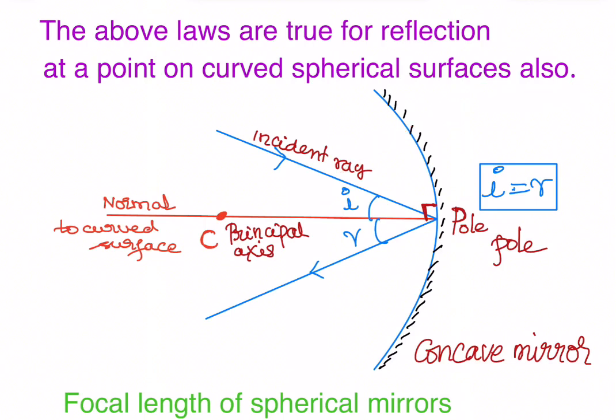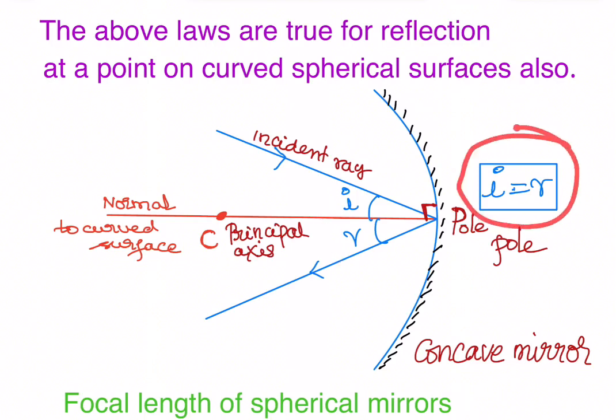What is the angle of incidence? The angle of incidence is the angle made by the incident ray with the principal axis or the normal drawn to the surface at the point of incidence. And what is the angle of reflection? It is written as R, the angle made by the reflected ray with the principal axis.